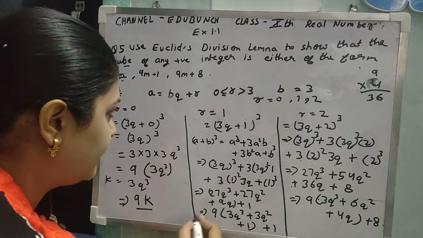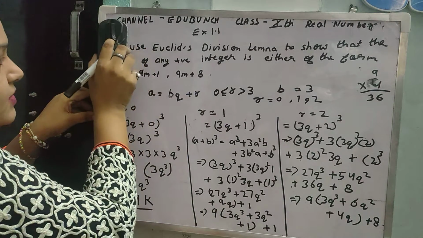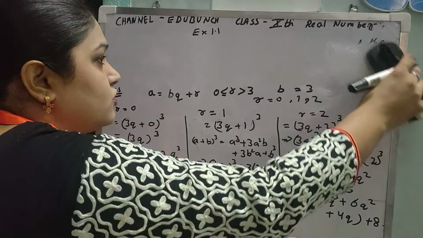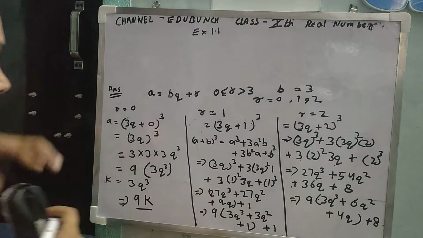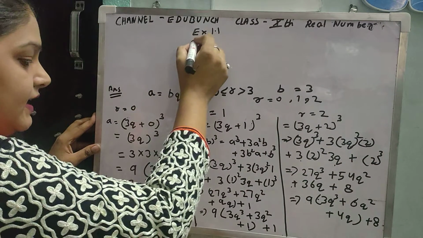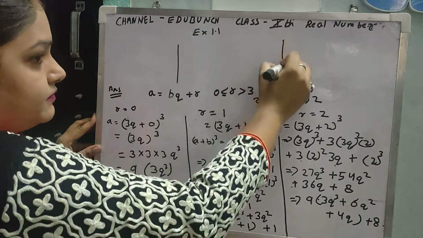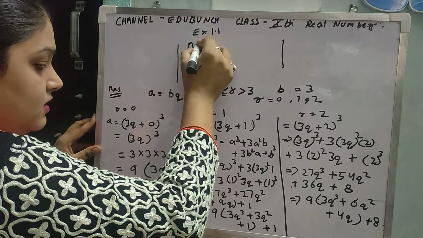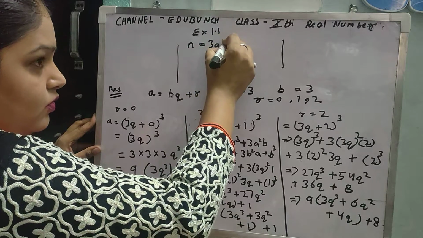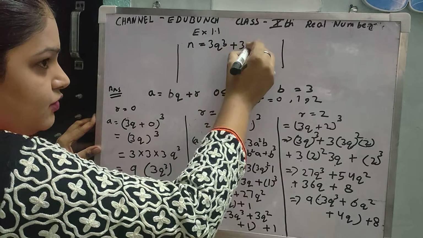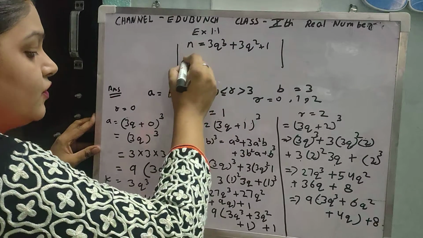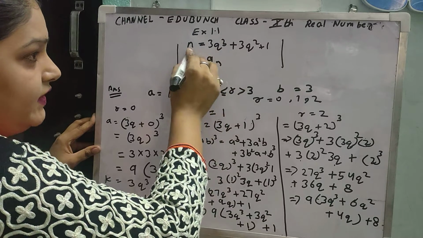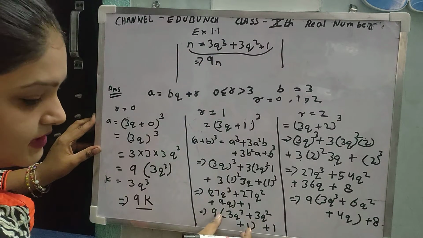I just erase the question because there is no need of it, the sum is about to be solved. So from this we take n as 3q cube plus 3q square plus q, so here we get 9n plus 1, if we assume n is equal to this bracket number.